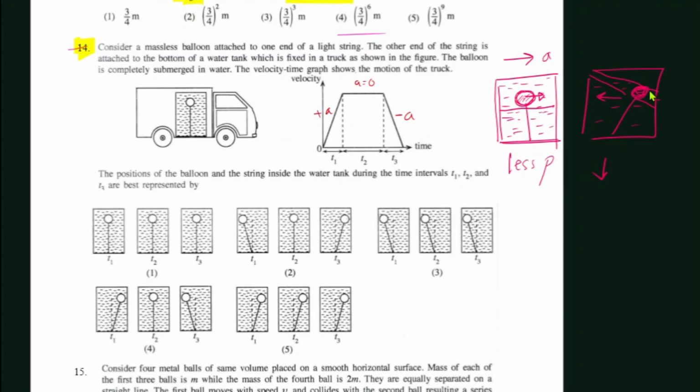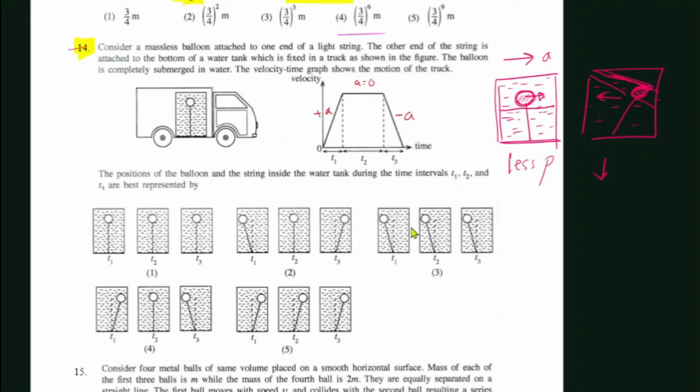But the surrounding has a higher density, higher inertia, which means it has a higher reluctance to change its state of motion. It will slowly change its state of motion, so in that case it will bend backwards, right?